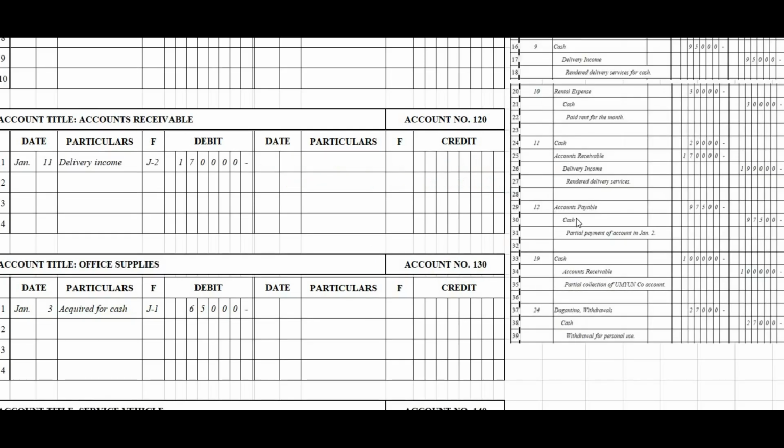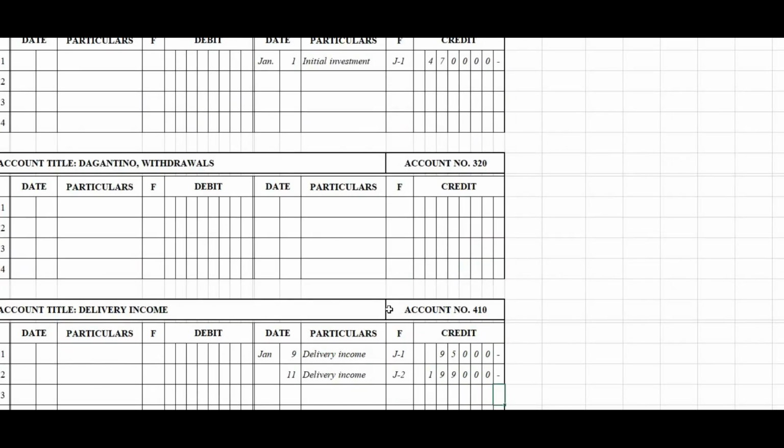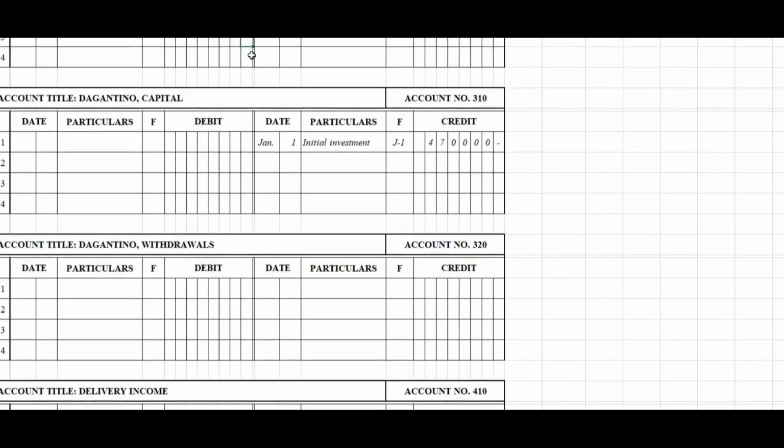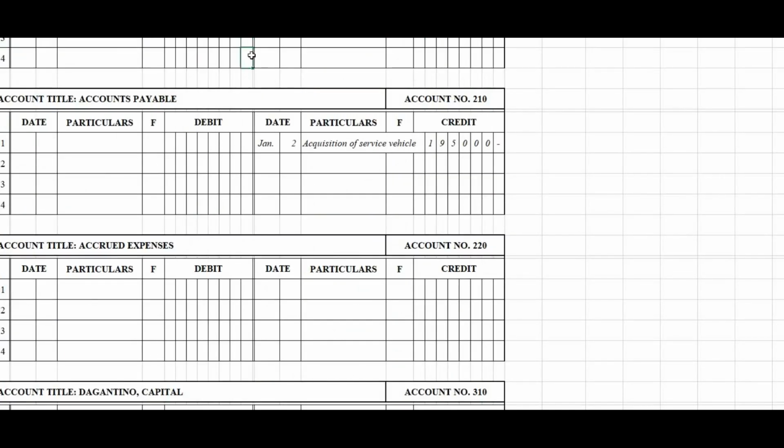Then we proceed to transaction 12, wherein there is payment of accounts payable. So start tayo sa accounts payable. Hanapin lang natin. So our accounts payable is in here. So since there is payment, magde-debit tayo, based also on your general journal.